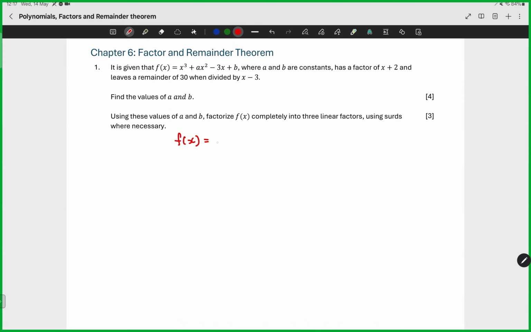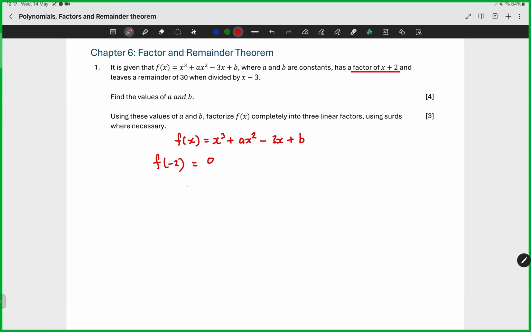Okay, so if f(x) equals x cubed plus ax squared minus 3x plus b has a factor of x plus 2, it means that it can divide by x plus 2 entirely. So in factor and remainder theorem, you know that if we sub in negative 2 into the expression, it is going to give us 0.